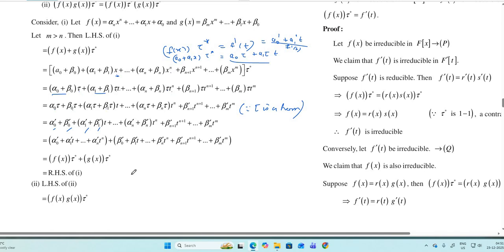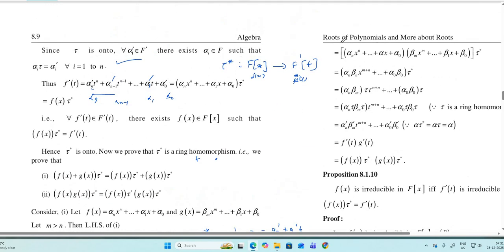Now for the polynomial product, you have again the same procedure. You multiply them, and when you multiply, you get like this, and again the same thing: in the place of x, you will have t, and the image of this under tau. Tau being a homomorphism, you have this step, and from it you can easily see that this is nothing but the product.